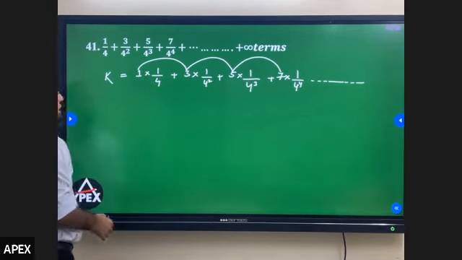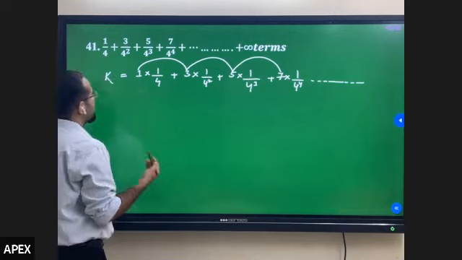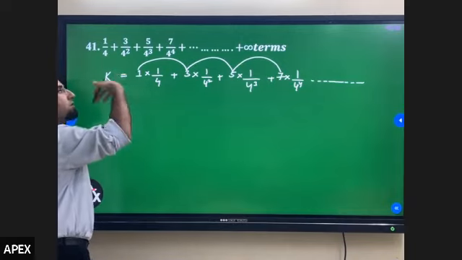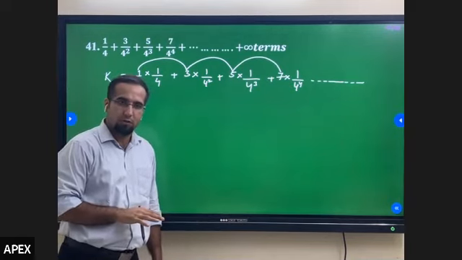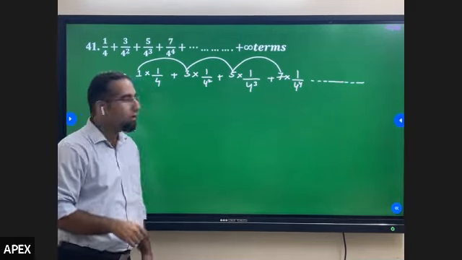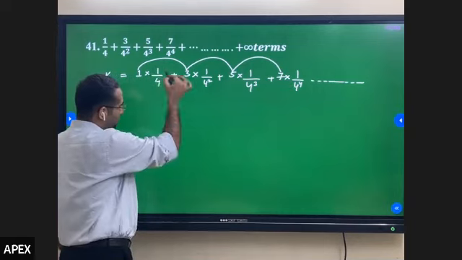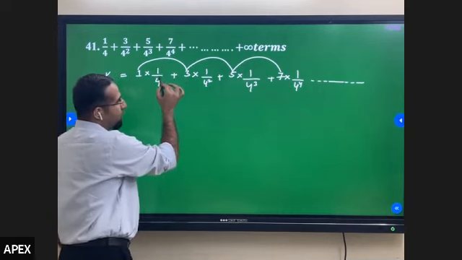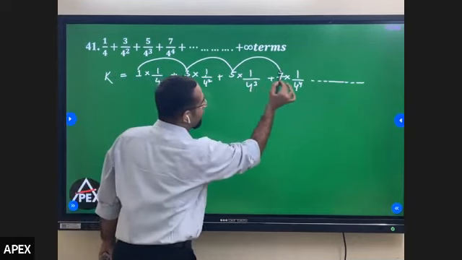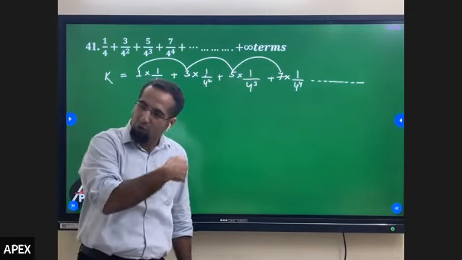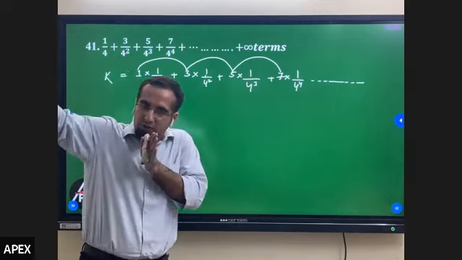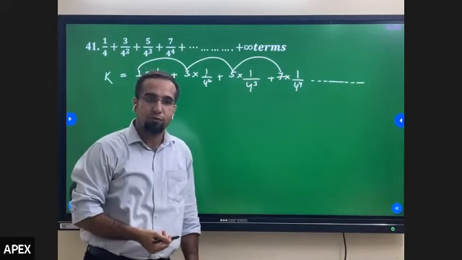So what am I looking at in the whole process? To eliminate this, multiply with the r part of the geometric progression series, the common ratio. If I look at my geometric progression series, that's 1 by 4, 1 by 4 square, 1 by 4 cube, 1 by 4 to the power 4, and so on. So can I say my common ratio of the geometric progression part is 1 by 4?